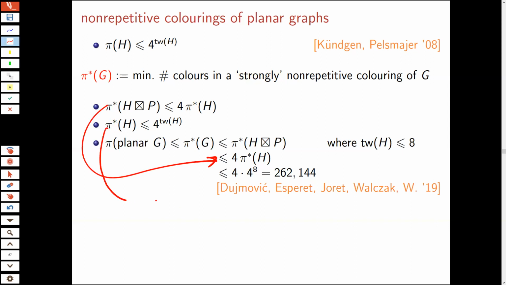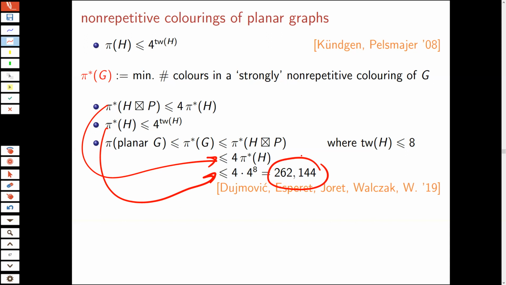Then we apply the second lemma because H has tree width at most 8, and we get that the planar graph is non-repetitively colorable with 262,000 colors. This was done in a paper with Vida Dujmović, Louis Esperet, Cyril Gavoille, Bartosz Walczak, and myself.